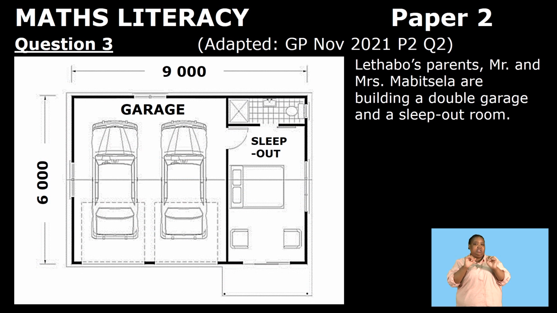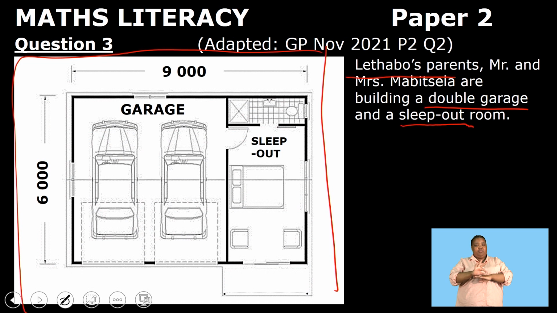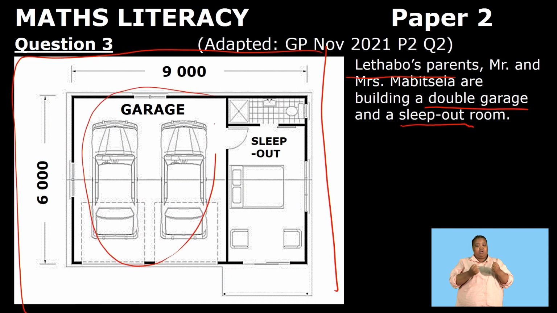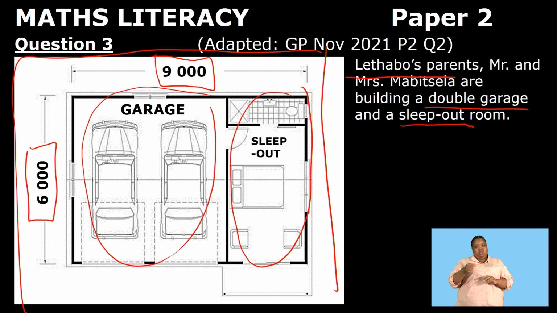Let's look at another example. Thaba's parents are building a double garage and a sleep-out room. So the sketch that they are giving us is a floor plan, and we can see it's a double garage and the sleep-out room, and they give us dimensions 9,000 and 6,000. That means it's the real dimensions in millimeters.